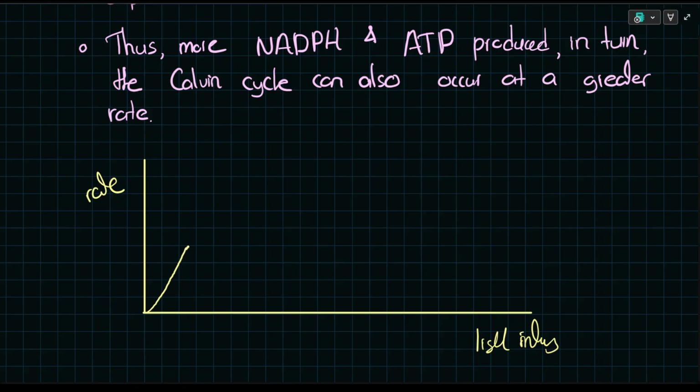So this is rising. So as we increase light intensity, the rate increases. Makes sense, right? So in a perfect world, if we are providing more and more and more light, this is what should happen, right? In a perfect world, that is exactly what should happen. The rate should completely increase. But we hardly live in a perfect world.